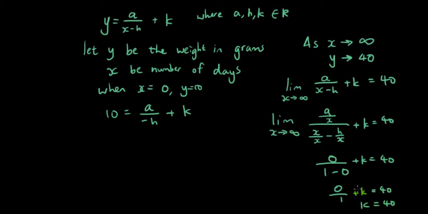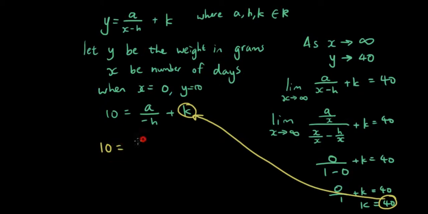So once we've established that k is 40, we can then write out this whole equation again, and we can substitute 40 into here. So then it is equal to 10 equals a over minus h plus 40. And then if I rearrange that, move the 40 to the other side, it becomes negative 30 equals a over negative h.